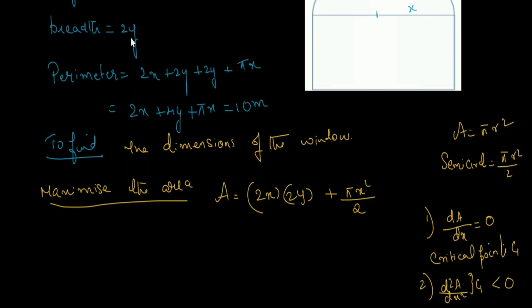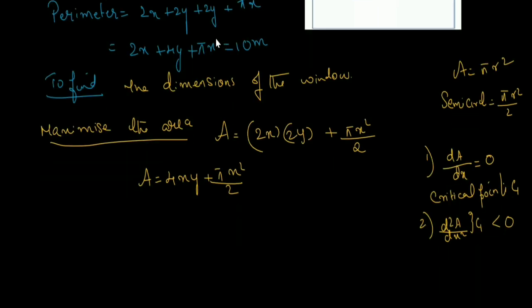So the area is equal to 4xy plus pi x square by 2. So we can change it in terms of y. What is y from here? 4y is equal to 10 minus 2x minus pi x. So area is equal to x into 4y plus pi x square by 2, that is 10 minus 2x minus pi x, times x, plus pi x square by 2.